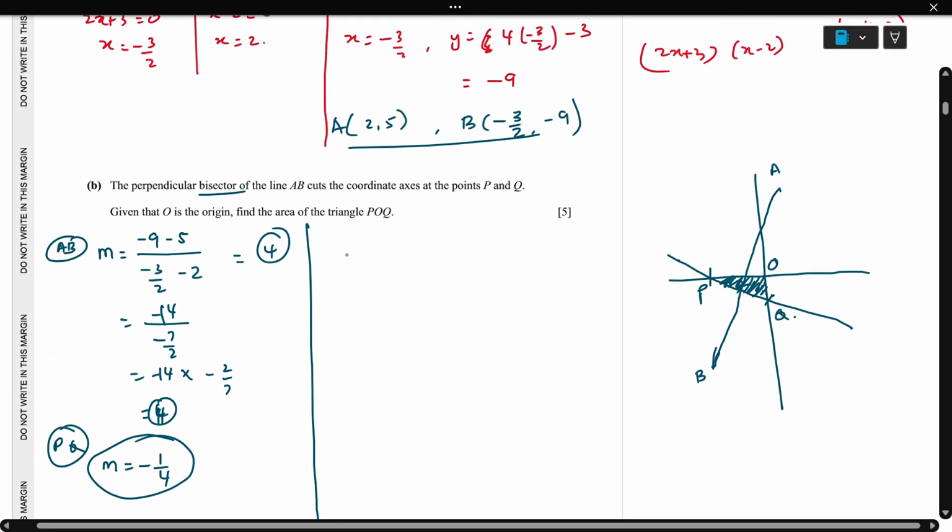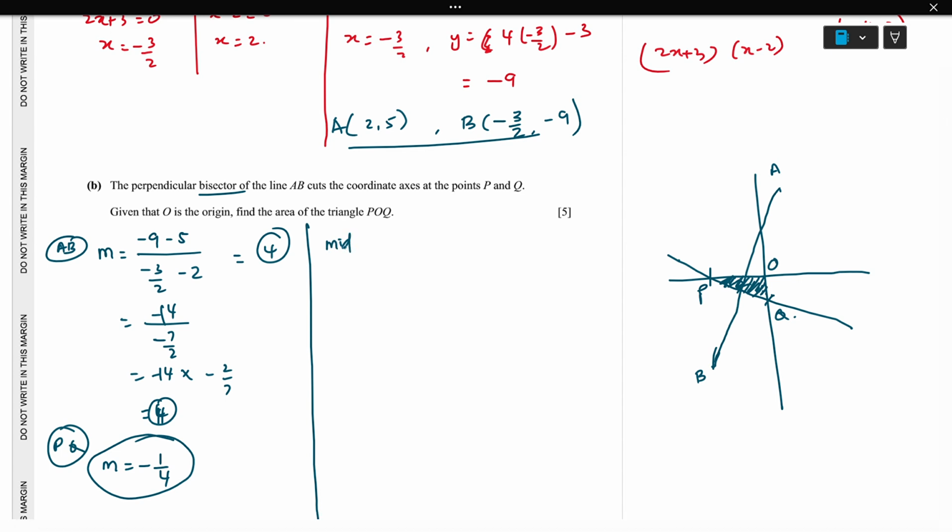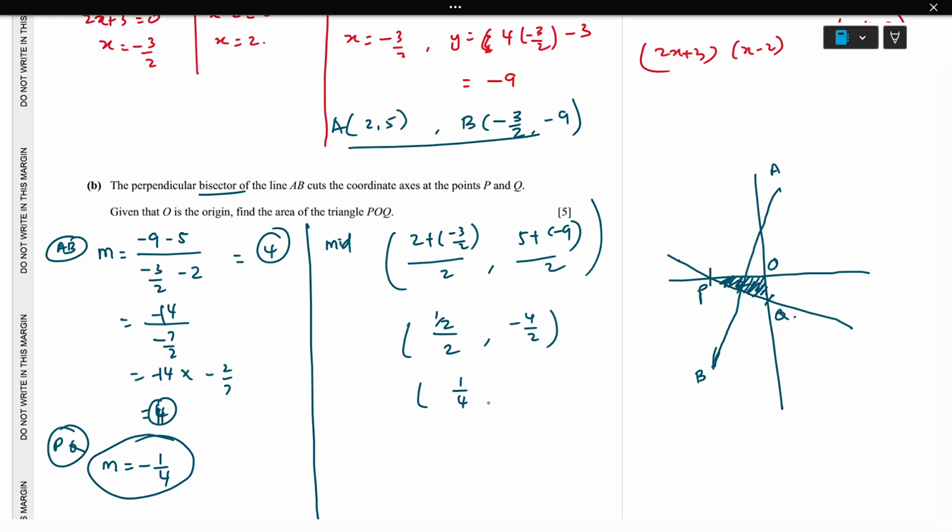First add the x values: 2 plus minus 3 by 2, over 2, comma, 5 plus minus 9 over 2. We get 1 by 4 comma minus 2.